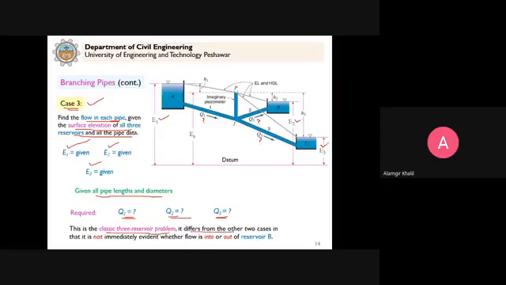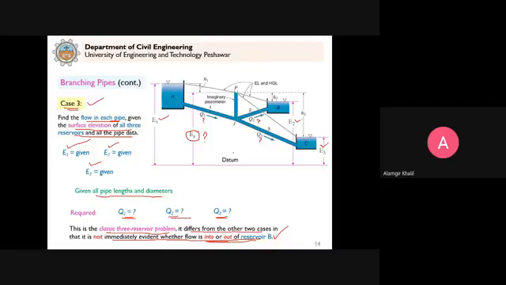It differs from the other 2 cases in that it is not immediately evident whether the flow is into or out of reservoir B, because we don't know the position of EP. This is unknown. Since we don't know whether EP is above or below, we don't know if Q2 is into or out of reservoir B.